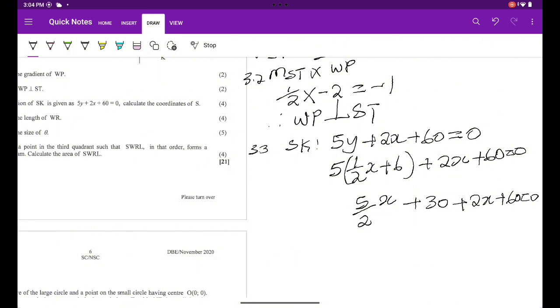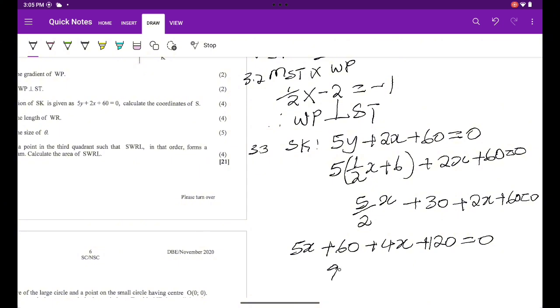Multiply by 2 throughout: 5x plus 60 plus 4x plus 120 equals 0.